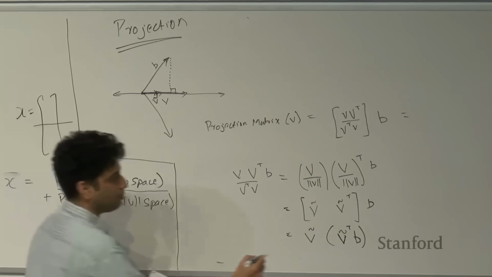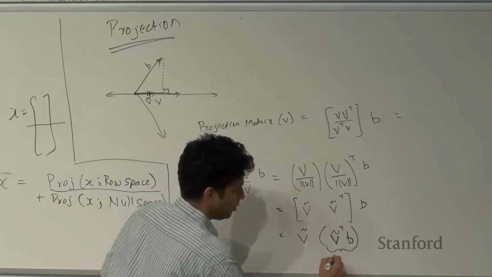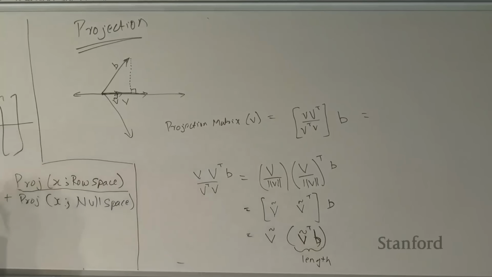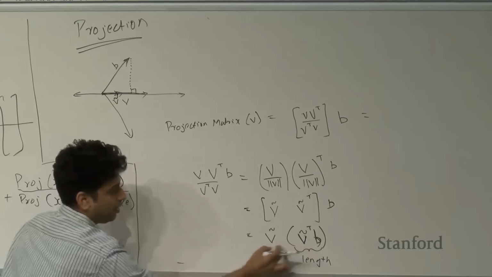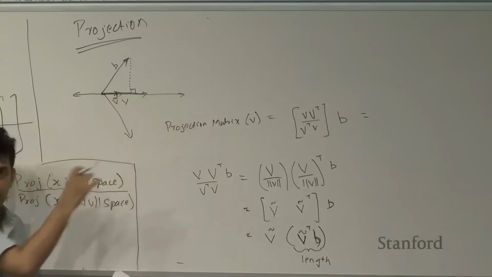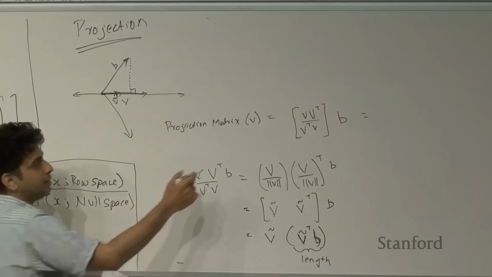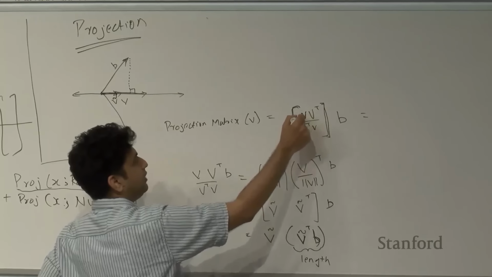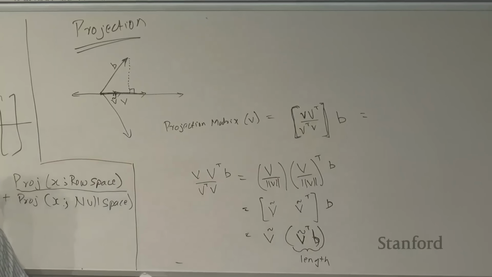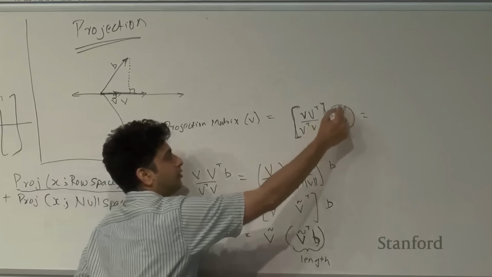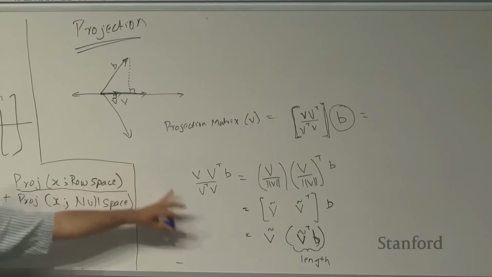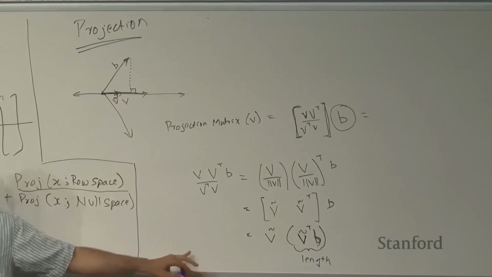So this is going to be the length of the projection of B along the dimension of V, and then this is just some scalar. You're rescaling V tilde by some scalar again. So this is the projection matrix of some vector V, where the projection matrix projects the input that is fed into it onto the subspace spanned by it. Is this clear? Any questions?